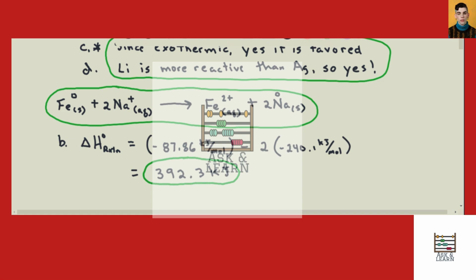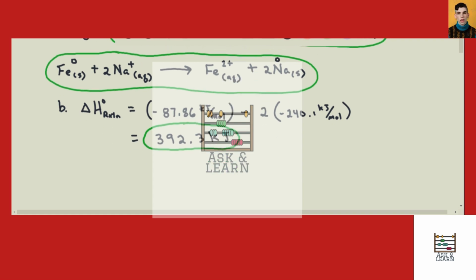So we see a positive sign here. That means that for part C, this is not favored. It is endothermic.